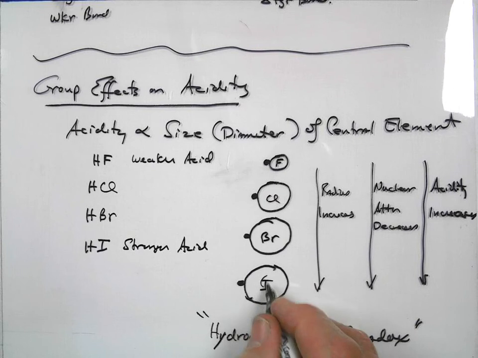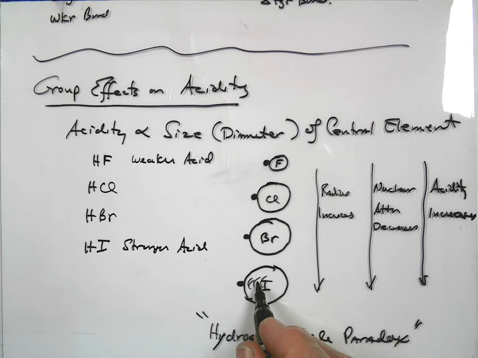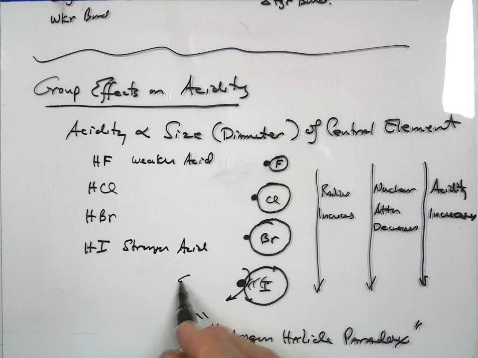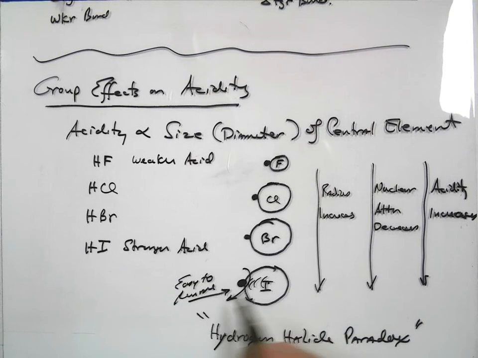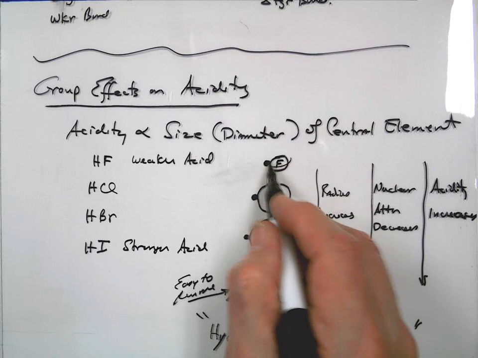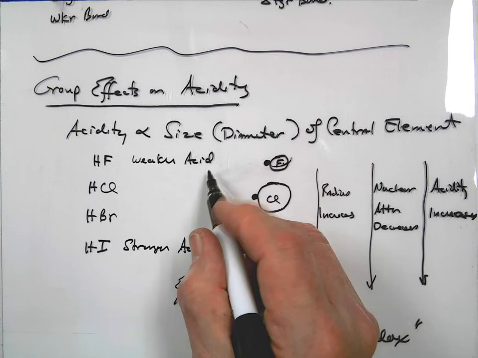Because the shielding effect in here of all of the internal core orbitals functions to reduce the effect of the nucleus on that hydrogen out here, and this is easy to remove on the hydrogen iodide, and therefore it is a stronger acid. And because of the closeness of the hydrogen to the fluoride nucleus, this is difficult to remove.